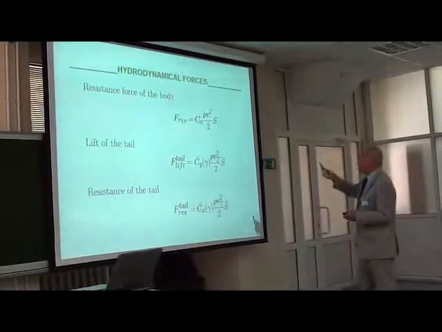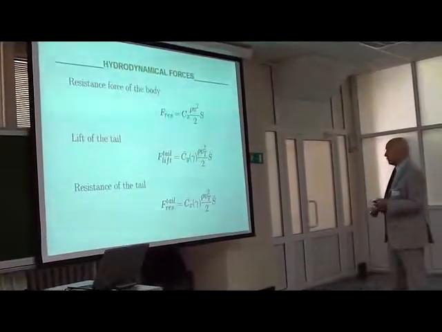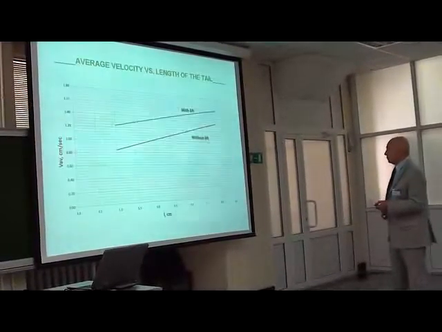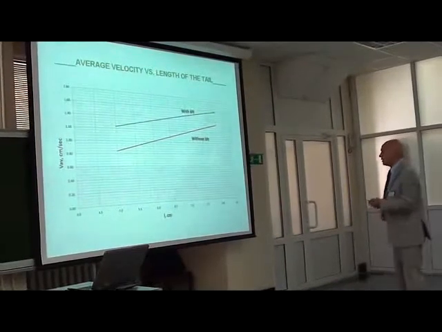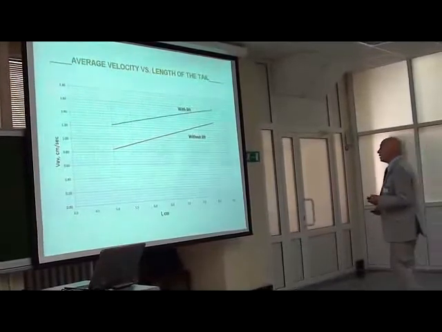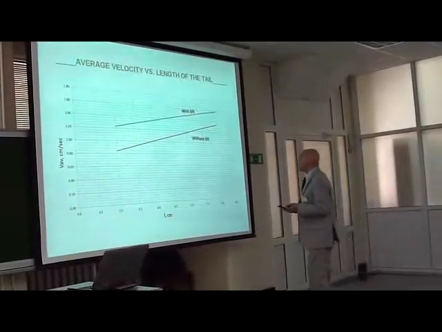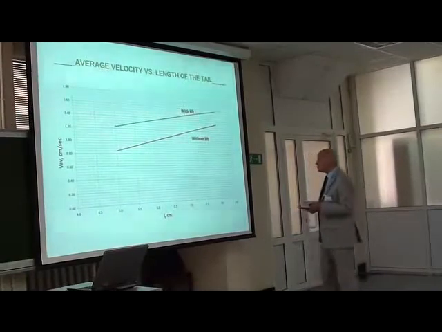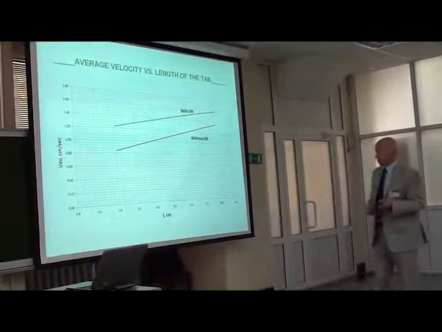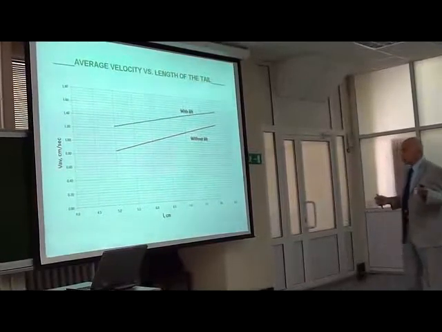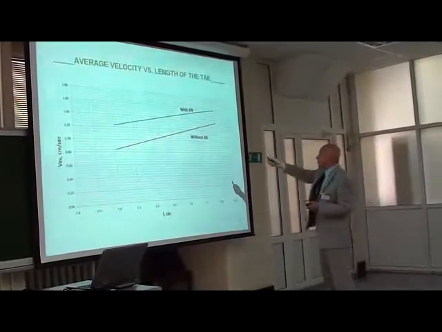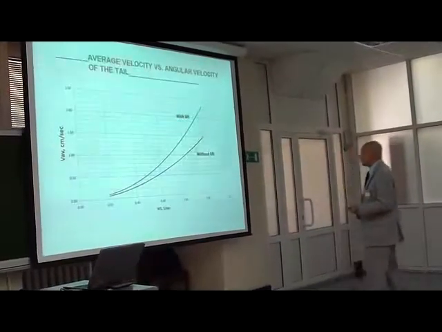And then these forces may also be taken into account. And here are some parameters, and these are results of simulation. Then you can see that taking into account of lift always increases the average velocity. So taking account of lift also leads to higher average velocity than the case without lift.